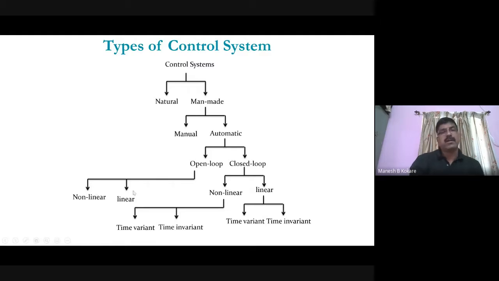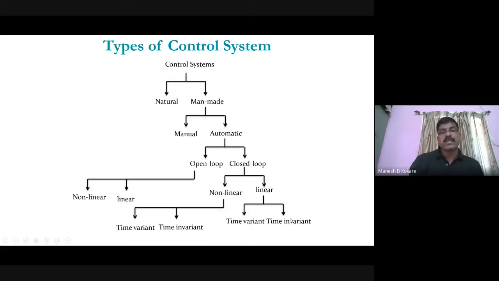We have seen the difference between linear and non-linear. Closed loop control systems are also designed as non-linear control system and linear control system. And then the linear control system can be a time variant control system or a time invariant control system. You know that time invariant control system means the system in which your output does not change with respect to time, whereas in a time variant control system your output changes with respect to time.